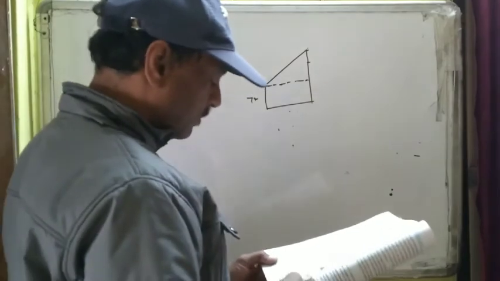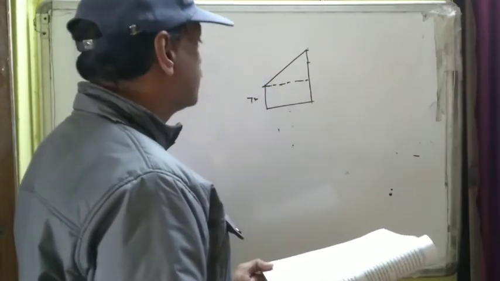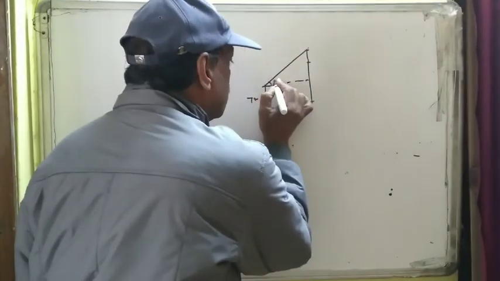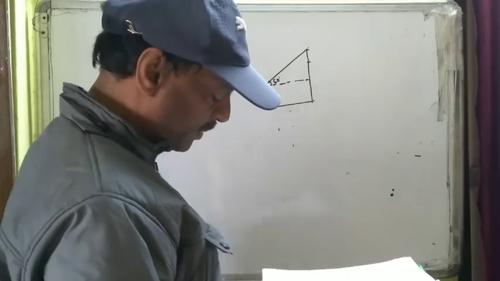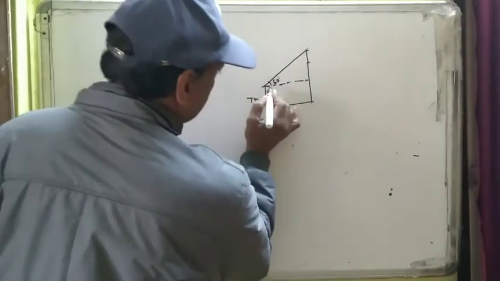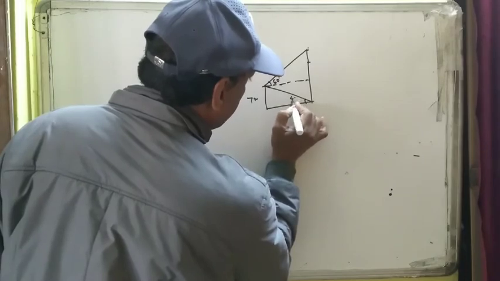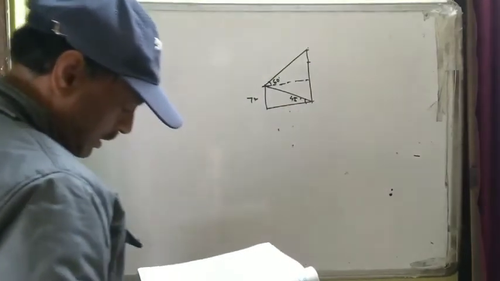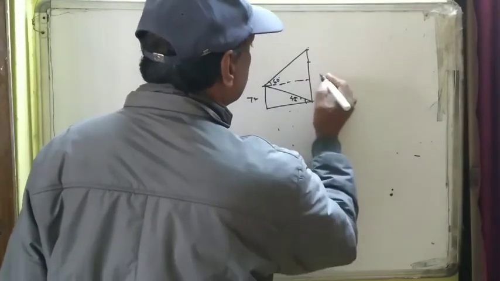From the top of a 7 meter high building, the angle of elevation of the top of a cable tower is 60 degrees. This angle is 60 degrees, and the angle of depression of its foot, from here to here, this angle is 45 degrees. Determine the height of the tower. So we have to find out this height.